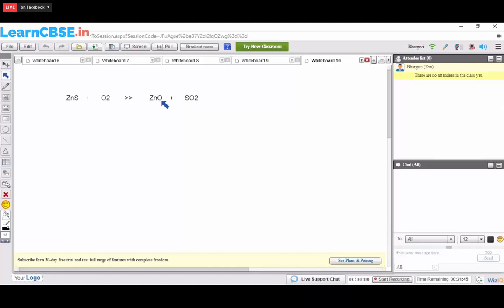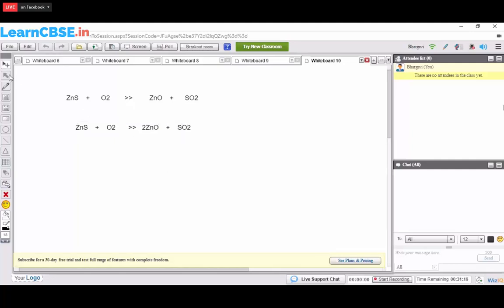So what we can do over here is we can place the 2 in front of the Zn. So it becomes ZnS plus O2 gives 2ZnO plus SO2.